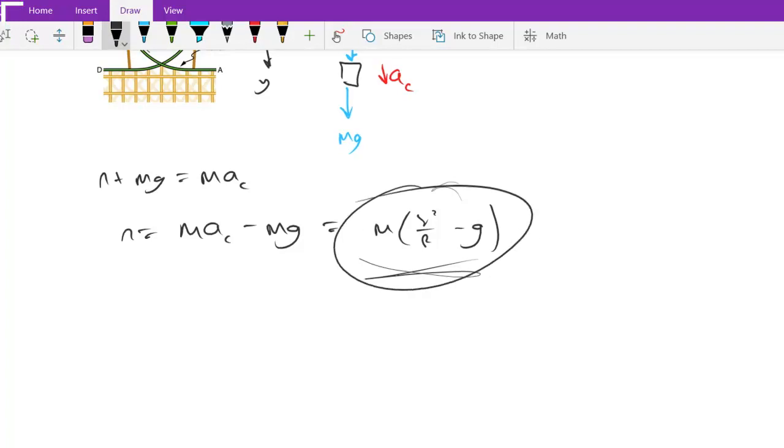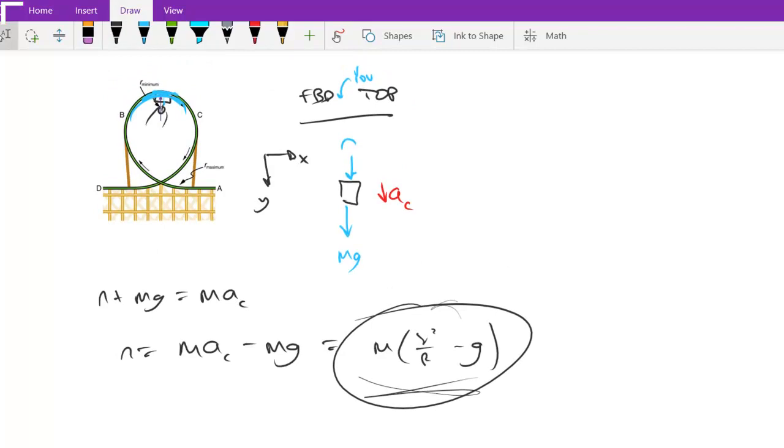And if we want to ensure that the person is still in the roller coaster, then we want to make sure that the normal force is at a minimum equal to 0. It can't be possible that our normal force is going to pull up. And since we're not strapped in, we have no other force to pull up. Right? So the normal force must be greater than or equal to 0.